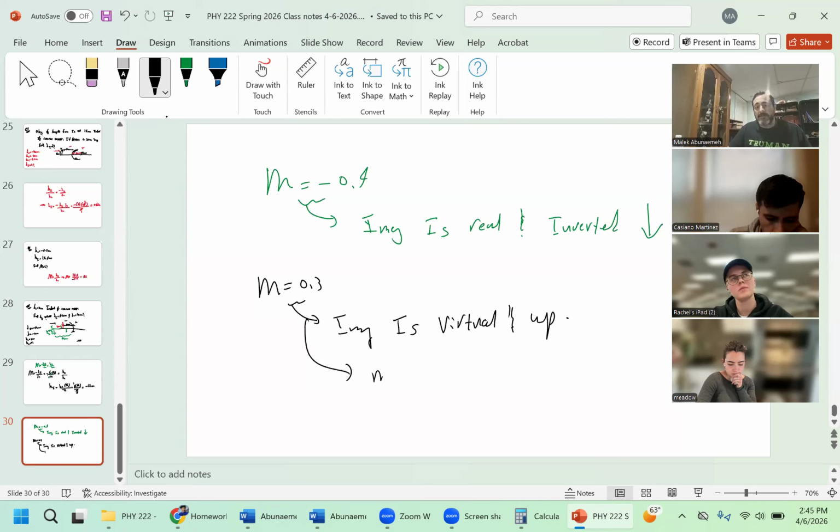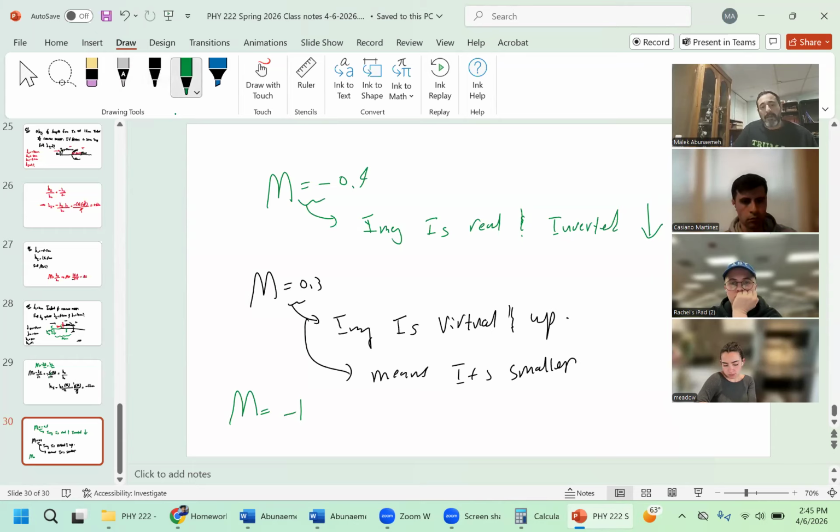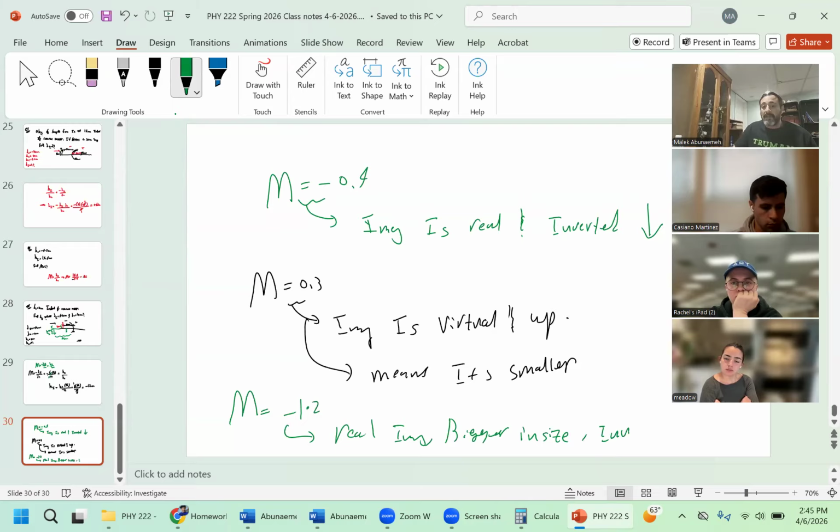If the magnification is less than 1, it's smaller. Let's say capital M equals negative 1.2. Because it's negative, it is a real image, bigger in size, and inverted.